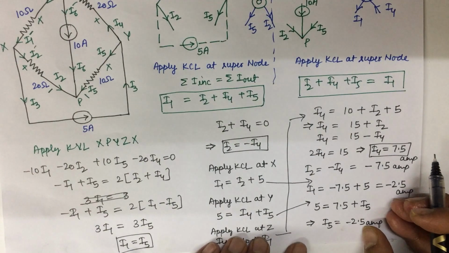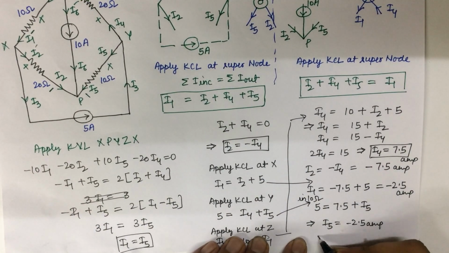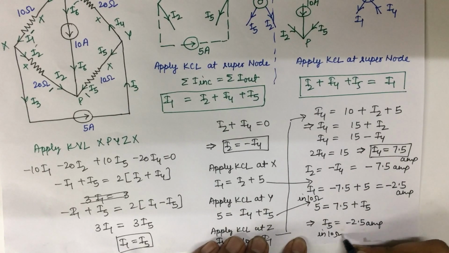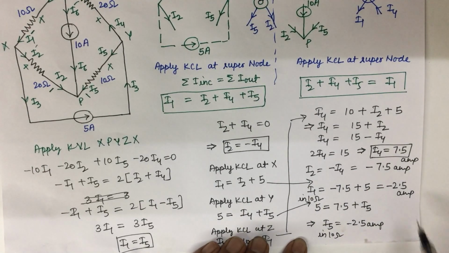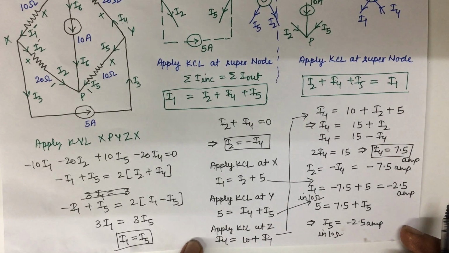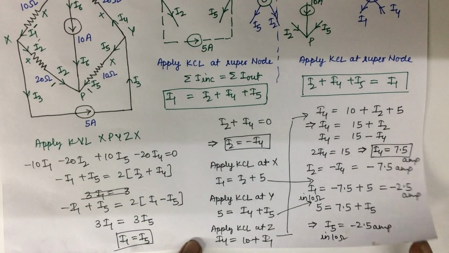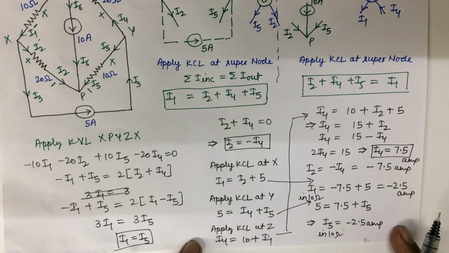This is I1 in a 10 ohm resistance and this is I5 in a 10 ohm resistance. Both values are the same, minus 2.5. In this way we solve this GATE problem and find that the current in I1 and I5 is minus 2.5. In the next lecture we will solve some more GATE problems. Thank you.